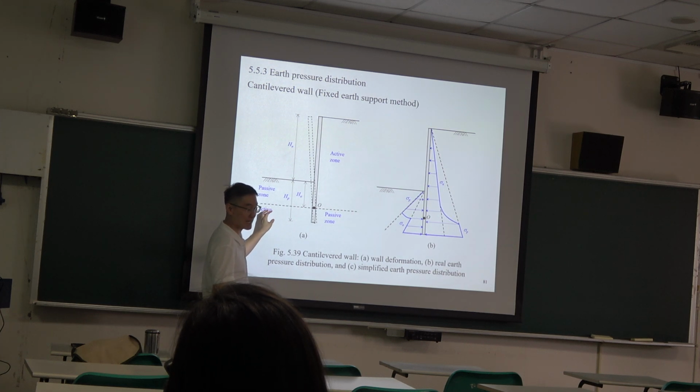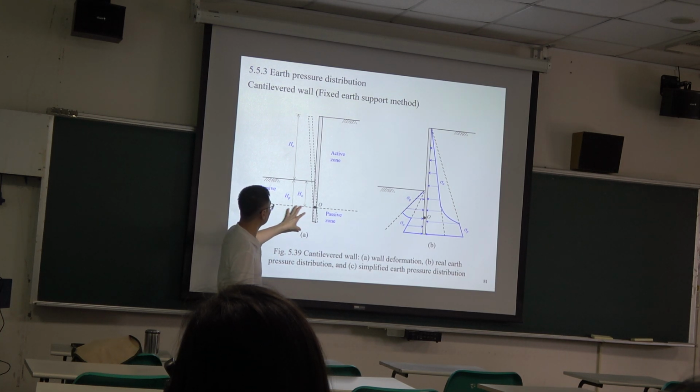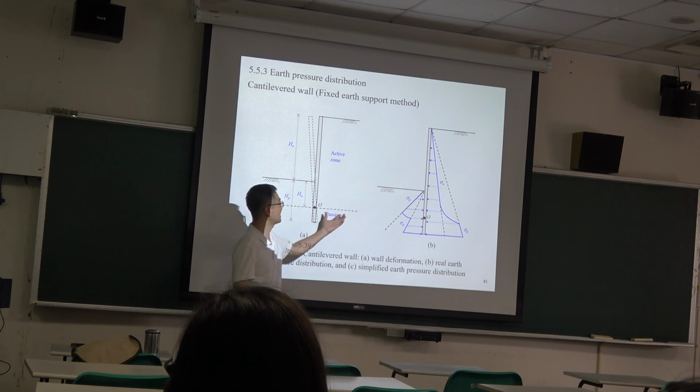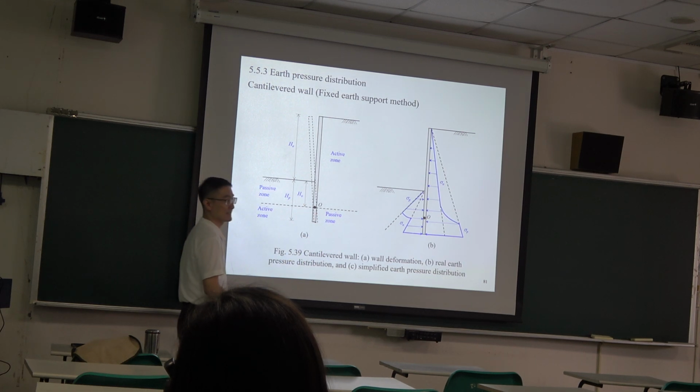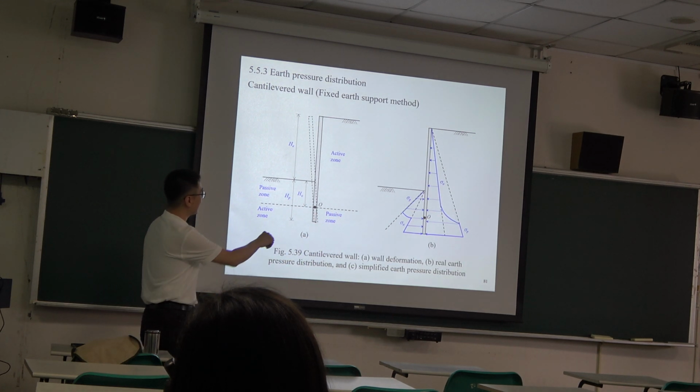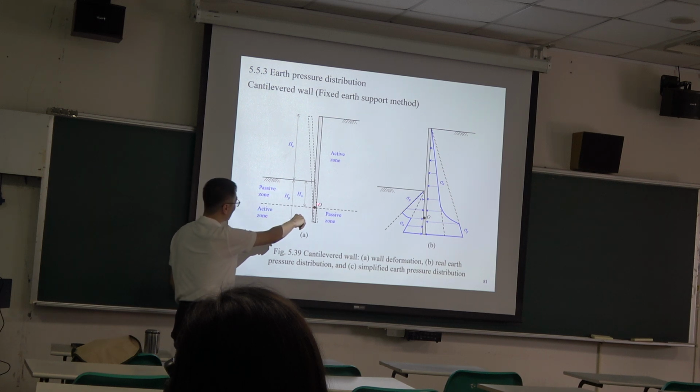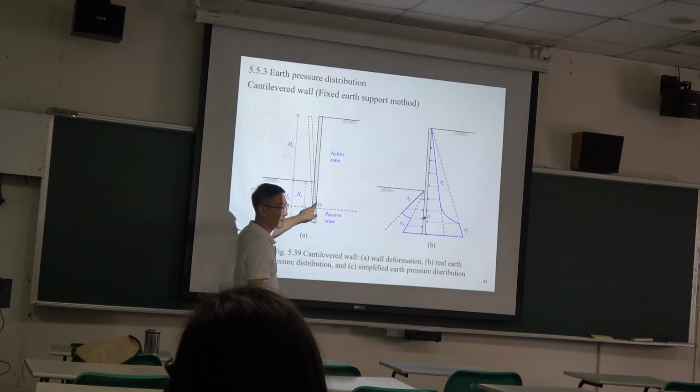Remember, active or passive is determined by soil movement direction. This part of soil moves that way, so it's active, and this part is compressed, loaded, so it's passive. So we will find a certain point which is a turning point, where the active and passive situation changes.